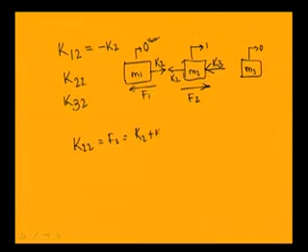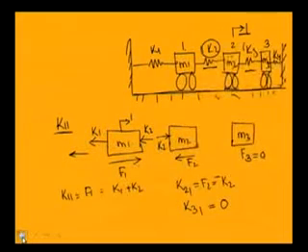Similarly, mass 3 at this time is subjected to a force due to the spring K3. The spring K3 will push this mass 3 with a force of K3. As the relative motion of spring K4 equals 1 minus 1, that is 0, as there is no motion of mass m3, the force due to spring K4 equals 0.